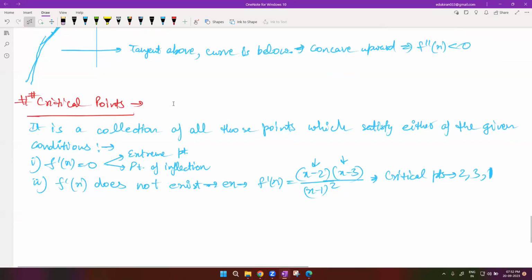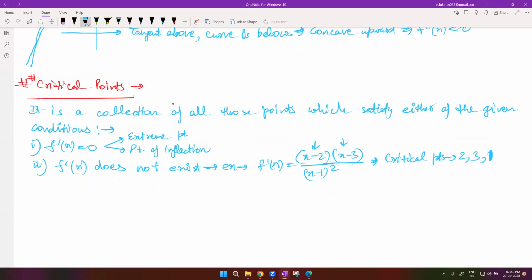Now, critical points, we were discussing critical points. First was f dash x is 0. If f dash x is 0, then either it can be an extreme point or it can be a point of inflection. Second is f dash x does not exist. If f dash x does not exist, in that case also you call that point a critical point. And third is if f x does not exist. If your function is not existing at some point, that is also a critical point, because that is not in your domain. You can't use that point in the function.